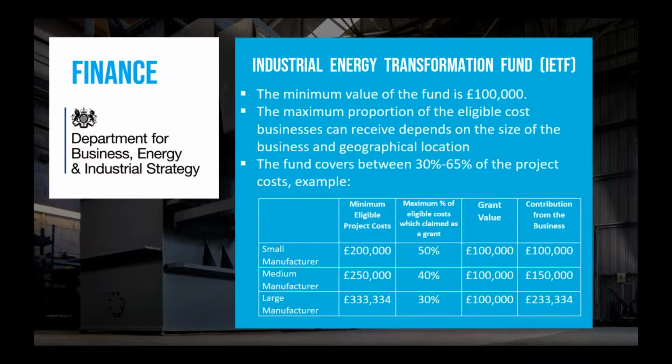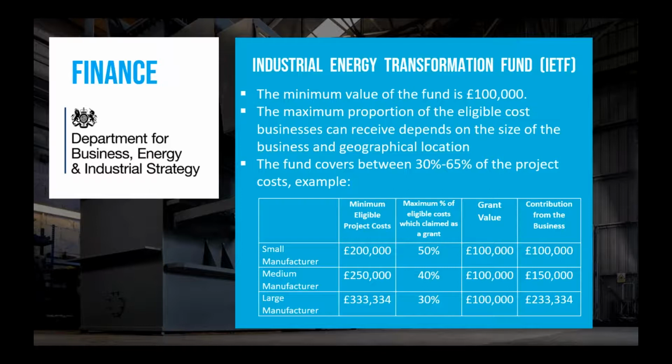Just to mention that the minimum value of funding you can get is £100,000, and the proportion of how much the government will cover out of the expenses depends on how big the industry is or where geographically it is in the UK.